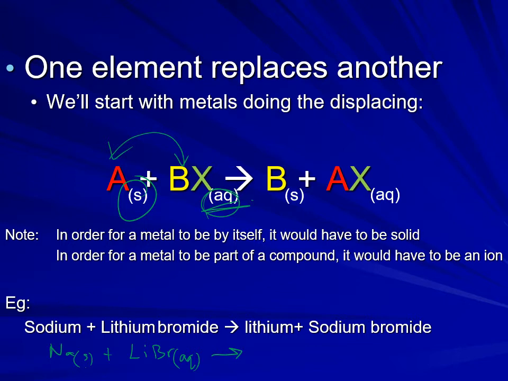You need to be able to have the particles react with each other, bump into each other, and the only way that's possible is if the ionic compound is dissolved. The lithium bromide is aqueous. So if this reaction takes place, we'll end up with the lithium now being a solid, and the sodium is now part of this compound. But remember, if this is aqueous, they are not actually together. Those two ions are separated from each other in solution.